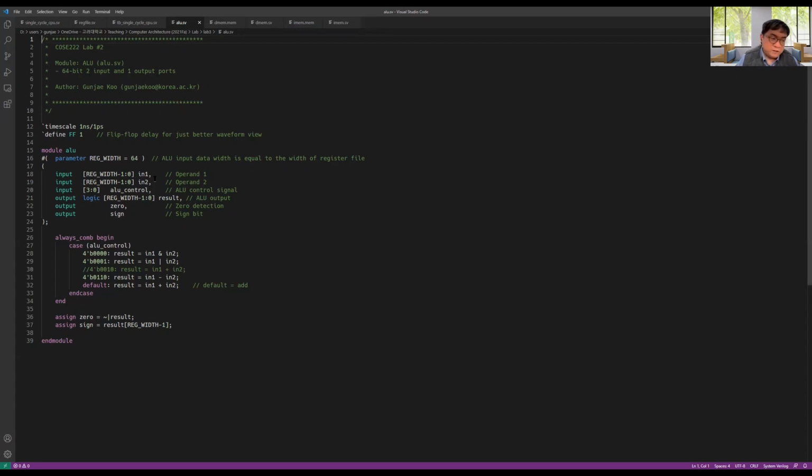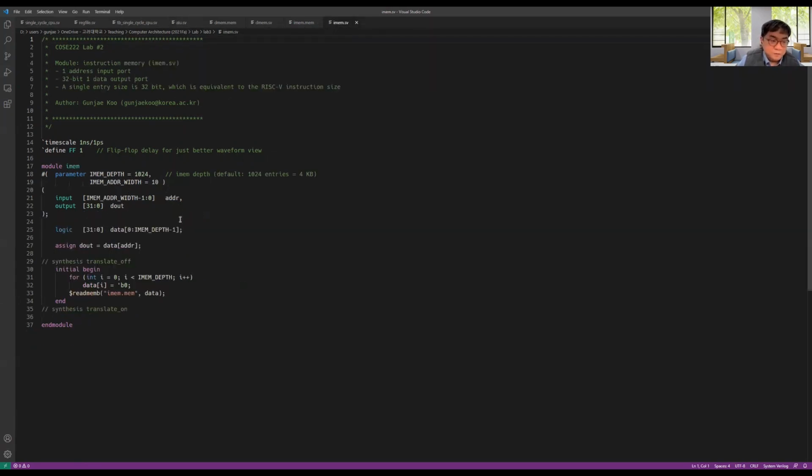So if you fail to design the correct data path element in lab number 2, then you can check your design with this golden design of the data path element. So let's see the instruction memory. This is the code of the instruction memory.